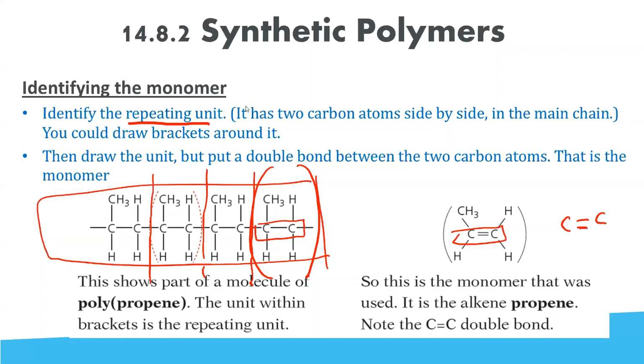This time we don't introduce the continuation line. Instead, we write all other bonds mentioned in the repeating unit, so CH3, H. So usually from the polymer structure, you may be asked to draw the structure of the monomer, or when given the monomer structure, follow the same steps I mentioned before to draw the structure of the polymer. Clear?